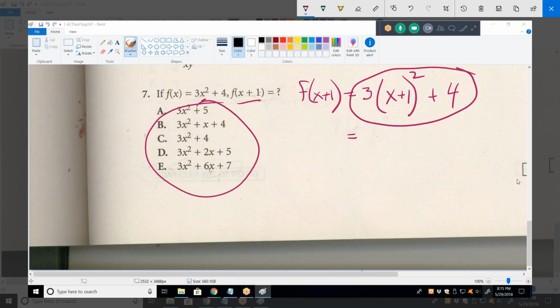So then it would just be 3x squared plus 5. Hold on. Let's not do that math in your head. What is this squared? That's what I want to write next. So just write it twice then? Well, it's x plus 1 times x plus 1. What is that? FOIL it. X plus 1 times x plus 1.